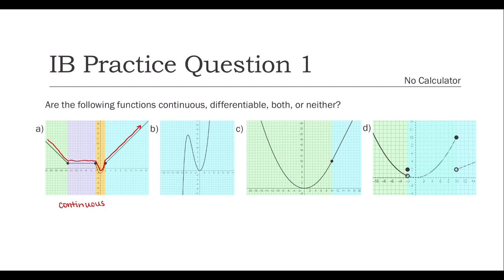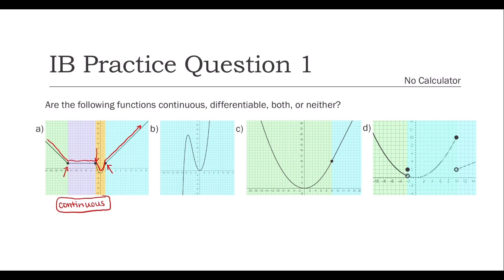But if we wanted to know if it's differentiable, we'd look if it's continuous, which it is, and then we'd have to check if it has any sharp cusps or points. You can see here there's a point where the slope changes, and then here the slope changes dramatically, and then here's another one, so it's not differentiable. So this one is just continuous.